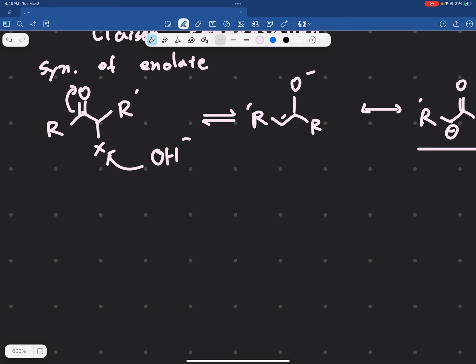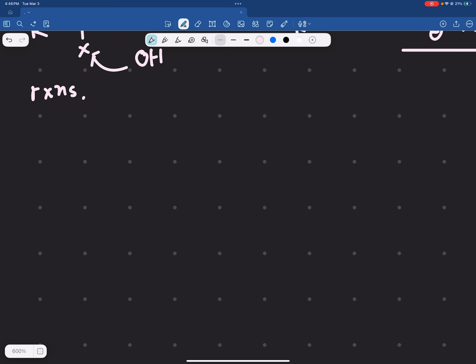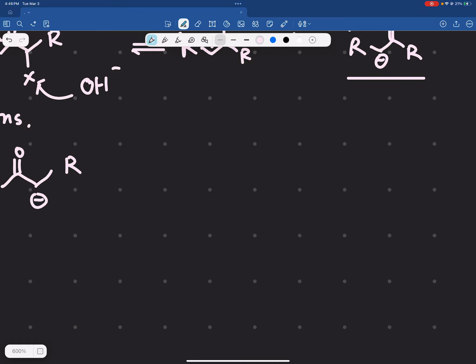And let's go over the reactions of these enolates. They are pretty simple. So either one, we have our enolate here, with a negative charge, and it's going to be a classic SN2 reaction.